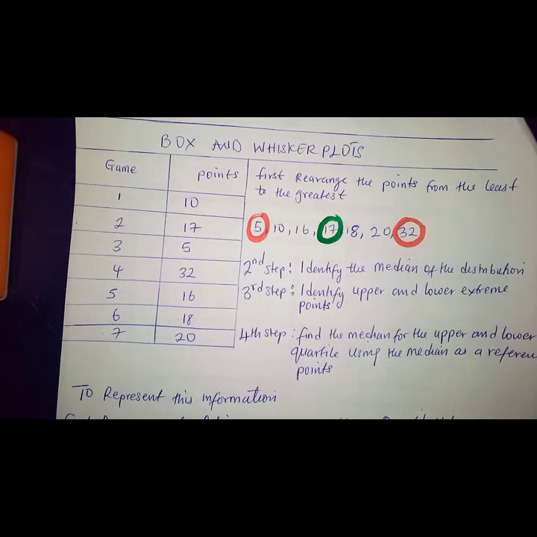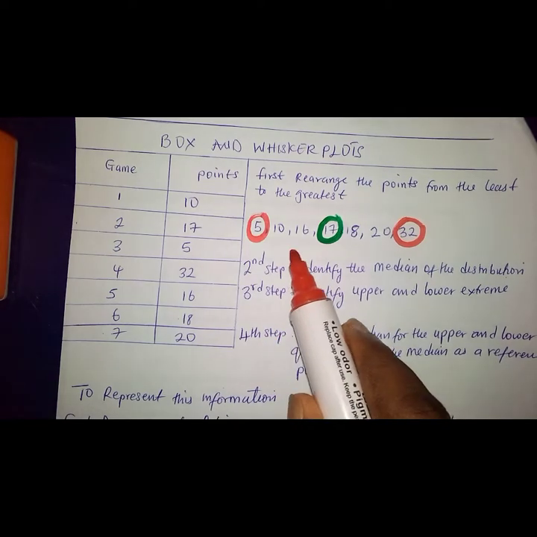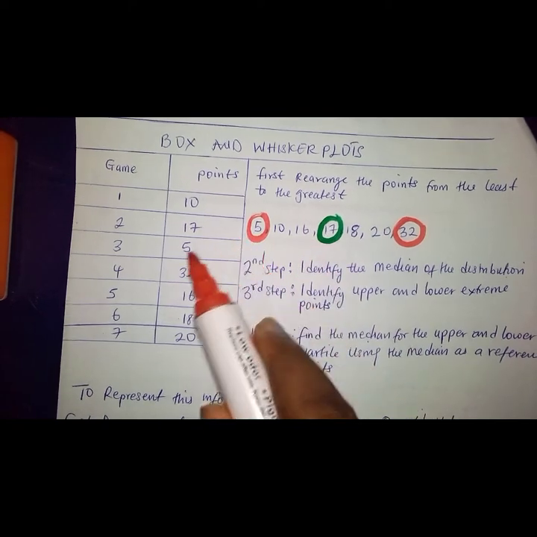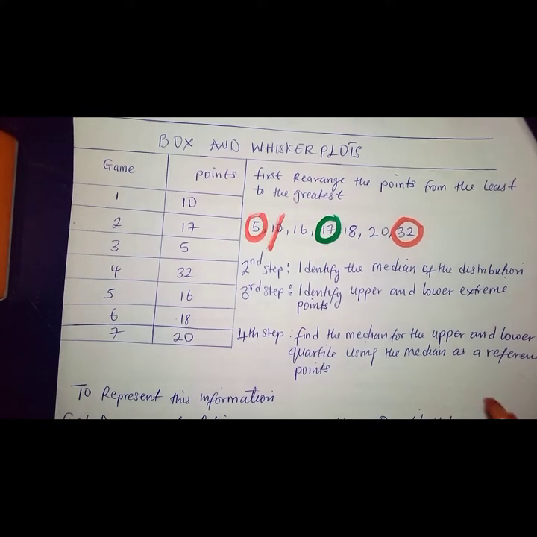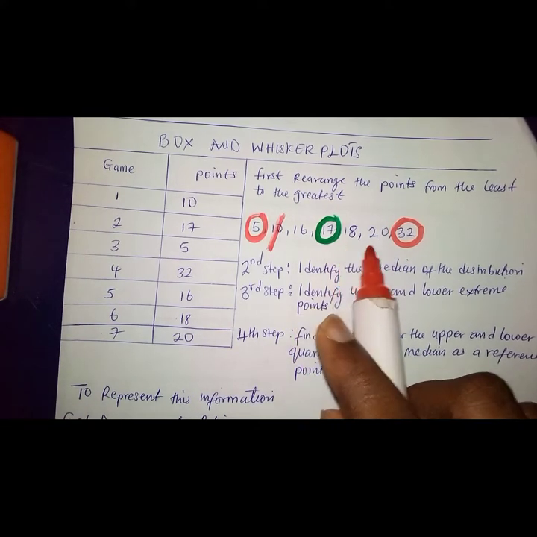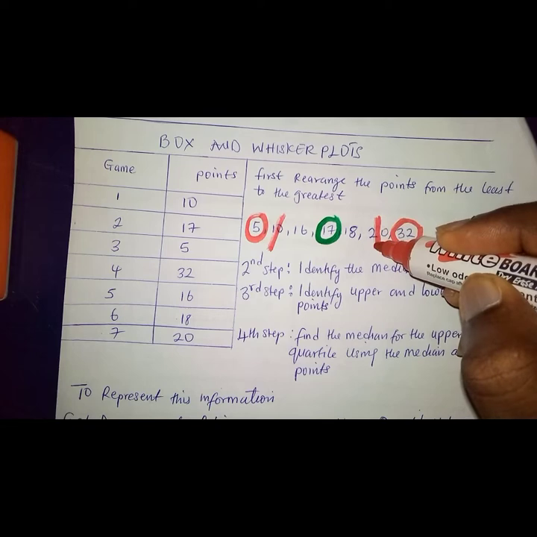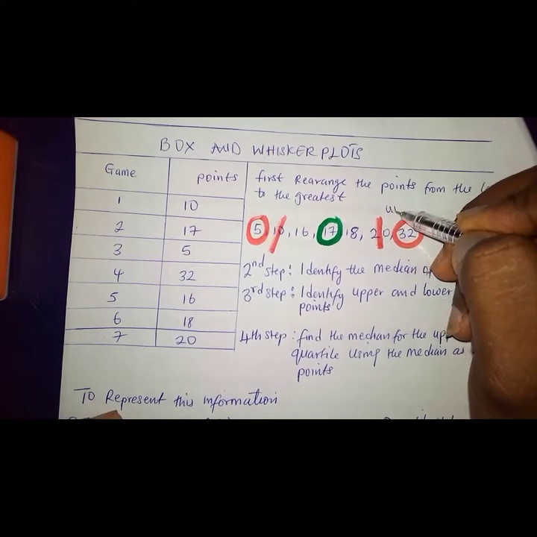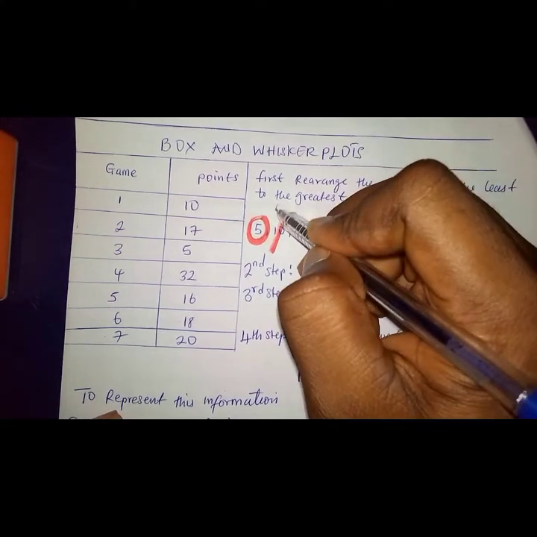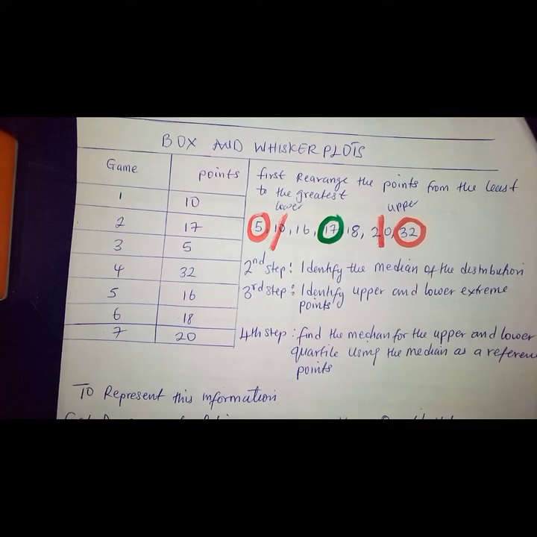If you look critically, you find that the middle number between 16 and 5 is 10, and the middle number between 18 and 32 is 20. So this one is called the upper, and that one is the lower. Now we have the data we need for our box and whisker plot.